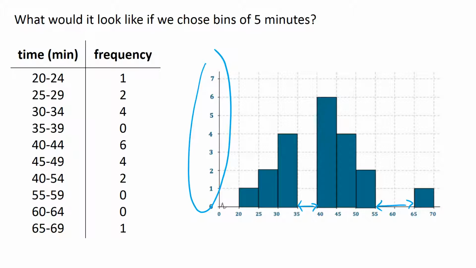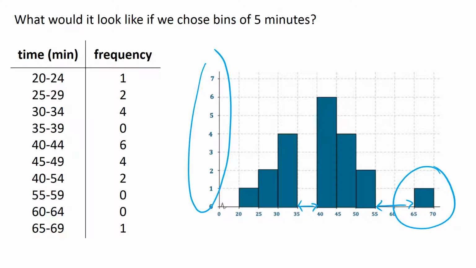Here we've split apart those numbers into more bins. So you can also see that now the one student who's spending 66 minutes on average doing homework each night, it shows that it's a little bit more of an outlier than we previously saw. So that tells us a little bit more information there.